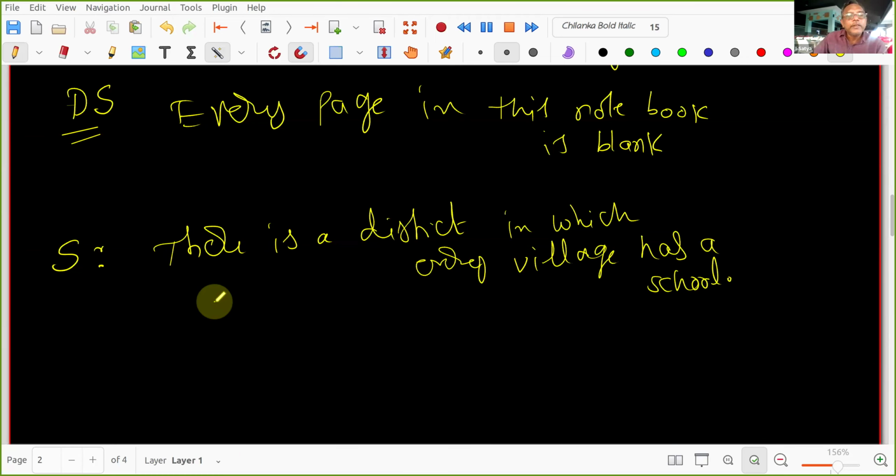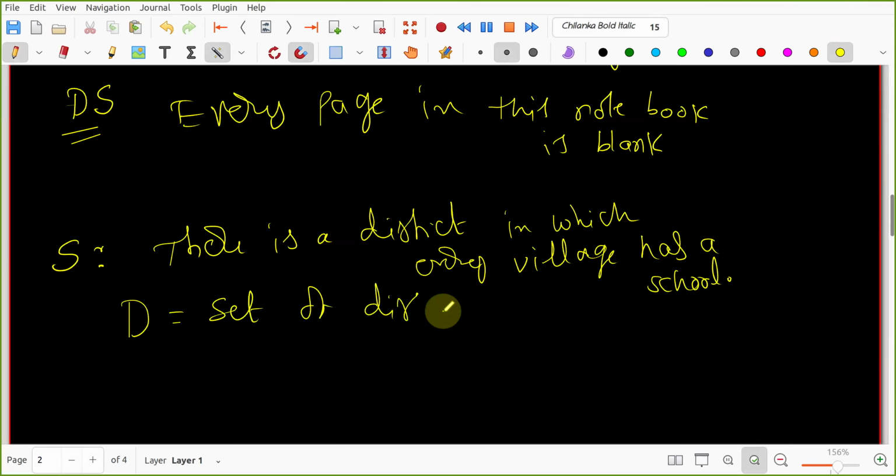Let's see how to write it starting from district. What set notation will I take? D. D is a set of districts, right? Yes, sir. Good, nice. Now what is the property?